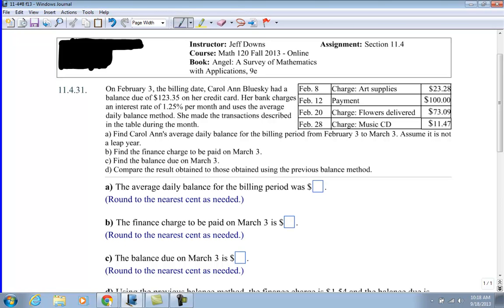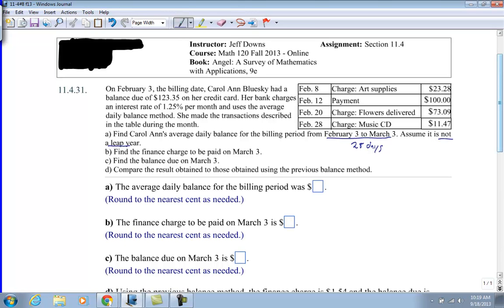So find Carol Ann's average daily balance for the billing period from February 3rd to March 3rd. Now, February has 28 days, unless they say it's a leap year. I assume it is not a leap year, so it's 28 days. Find the finance charge, find the balance due, compare the result of those obtained using the previous balance method.